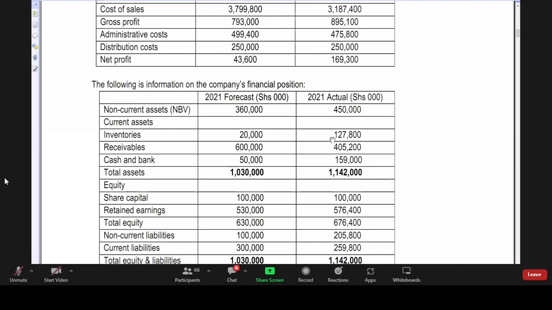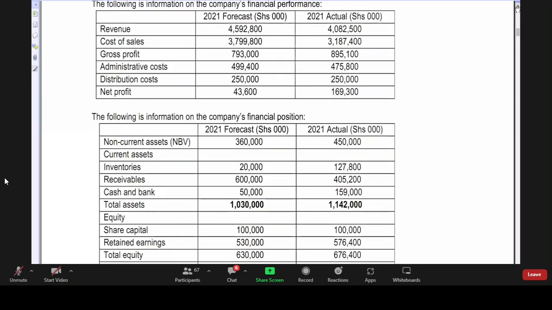Yeah, now the one of inventory, you see, if you forecasted your inventory to be 20 million at the close of the year, but it ends up being 127, that means that either the sales are not as planned or you have slow moving inventory. Or you are overstating your inventory. So it can be either of the three until maybe you have some additional information backing it up.